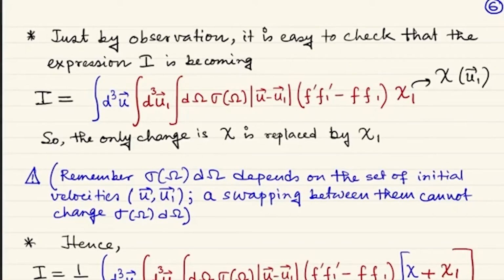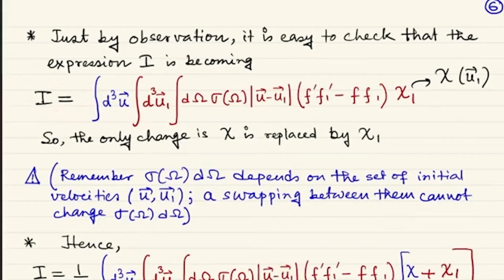Then f will be f1 and f1 will be f, and the same for f prime and f1 prime. Since this is an integral where the integration is done on both u and u1 space, I can say that if I interchange u and u1, nothing will change in the final value of the integration, right?